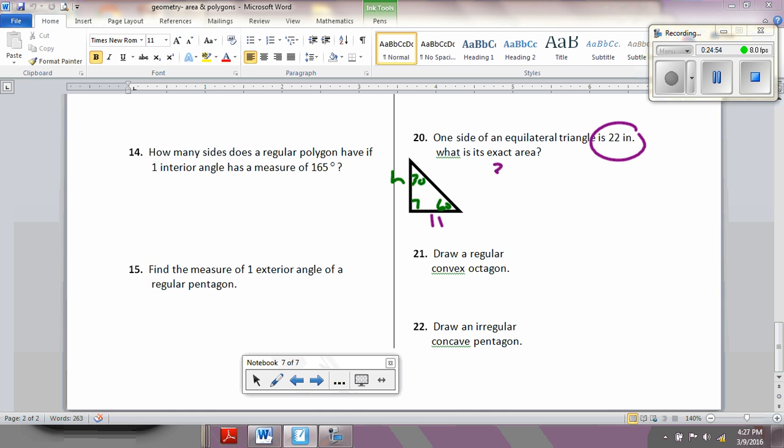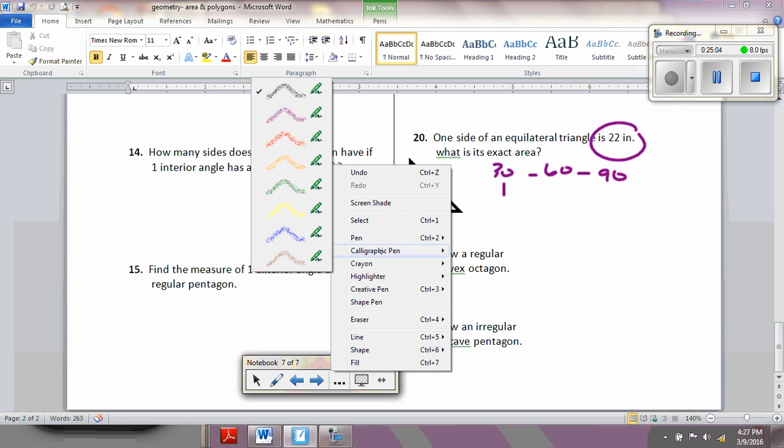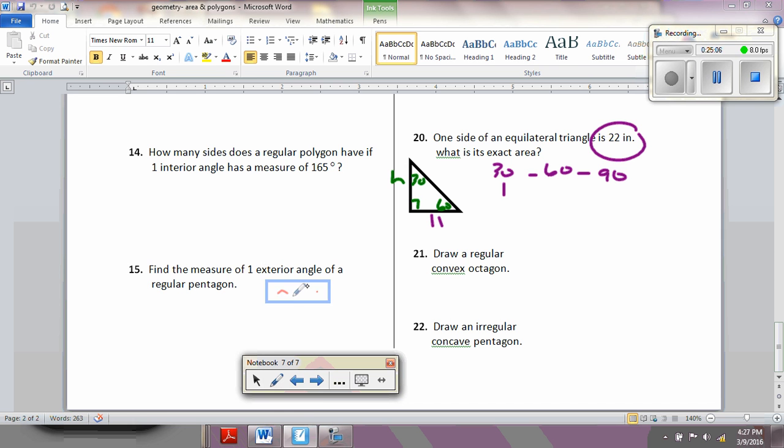And again, since it's a 30, 60, 90, across from 30 is 11. So that means across from 60, you're going to take that 11 and slap a square root of 3 on it. So the height is equal to 11 square root 3.